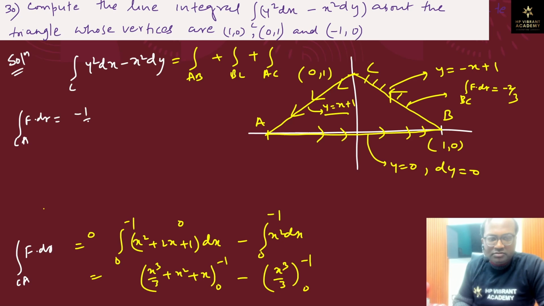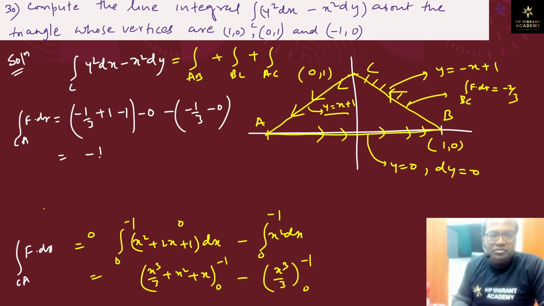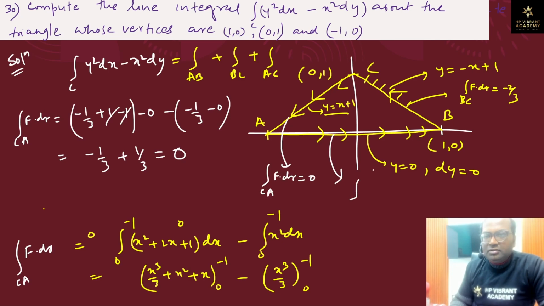So this is minus 1 by 3 plus 1 minus 1 minus 0, minus, this is minus 1 by 3 minus 0. So this is minus 1 by 3, this gets cancelled, plus 1 by 3, this is 0. So along CA, f dot dr is equal to 0, and along AB f dot dr is 0. This we have already found.